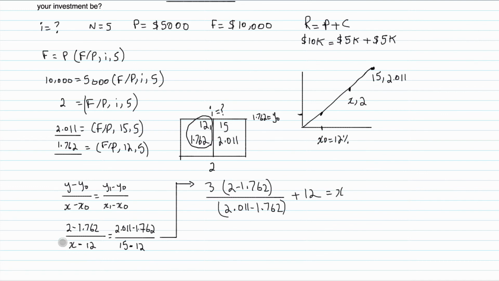So what I did was I took this and I cross multiplied. So x minus 12 would be here, and I brought the 12 to the other side. And before I did that, I took the numerator and I multiplied it by 3. 15 minus 12 is 3. So this gives us an x value, which is our I, equal to 14.867%.